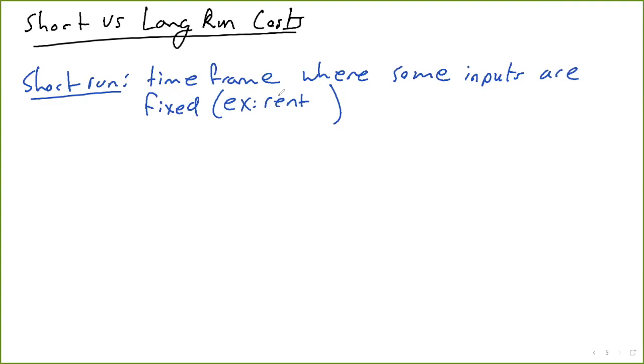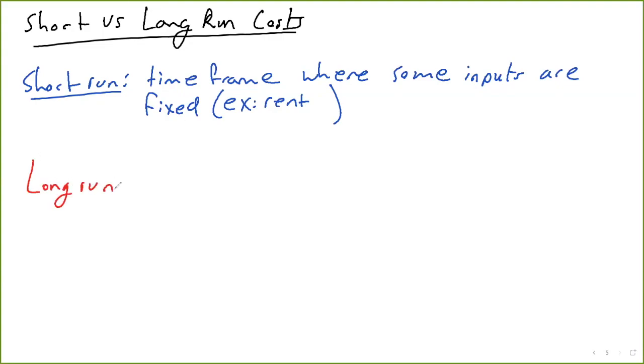So if your lease is for a year, the short run is a year for you with respect to that rent payment, because no matter what, you have to make that rent payment each month. However, after a year's up, that rent payment becomes variable. You can rent a new building or renew your lease, and so that input is no longer fixed.